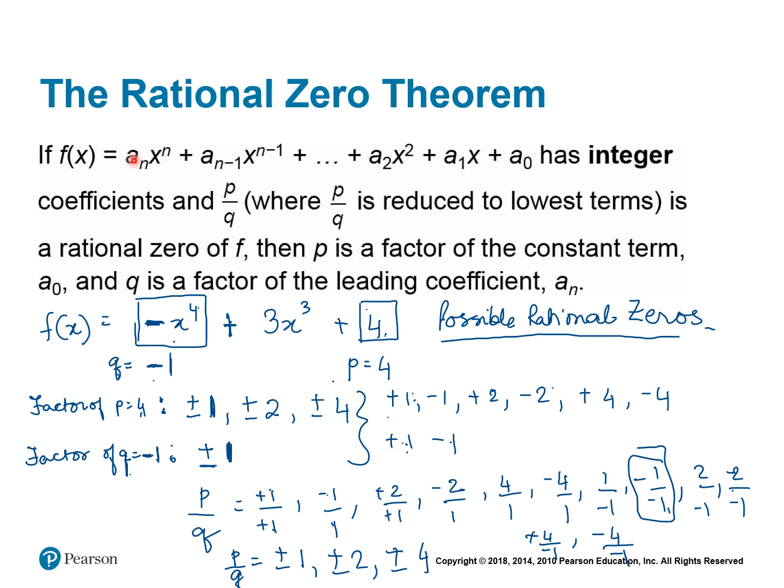And once we have that, we will need to factor them out and then create ratios out of those factors, and that will be our narrowed down list of possible rational zeros. So I have this example here. Let's walk through it. Now, let me pull up my pen.